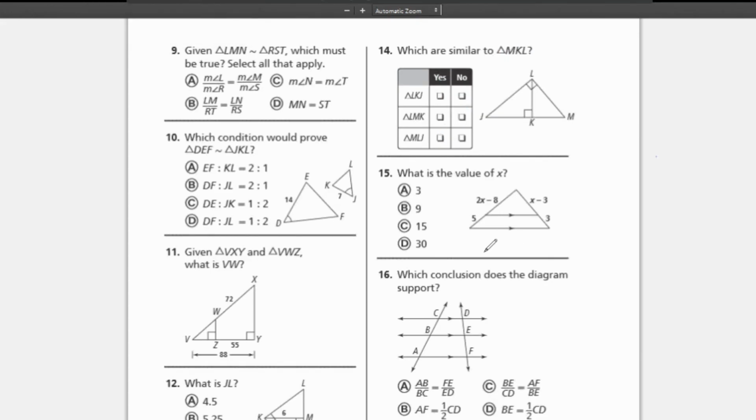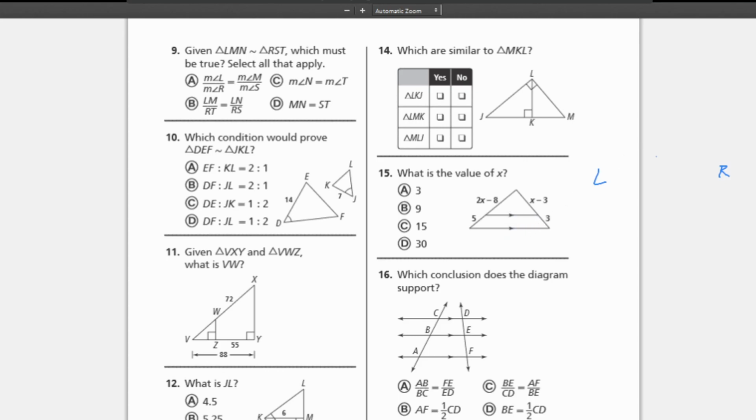Alright guys, let's look at this one. It says what is the value of x, and we've got this triangle here, and at the end of chapter 7 we got a theorem that lets us relate the left side and the right side of a triangle if this midpoint is parallel to the base.